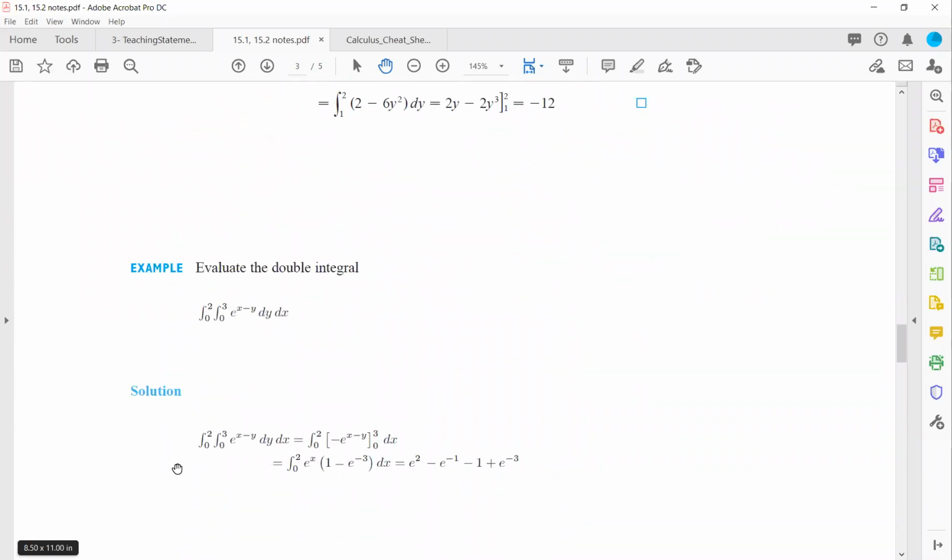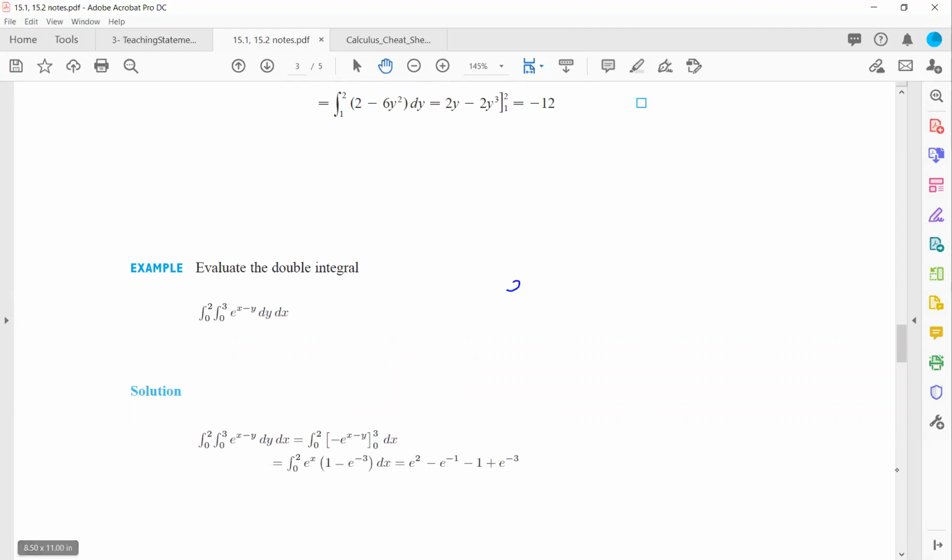Another example for you. This question says, evaluate the double integral. Perfect. Do we have a nice function? Is the function continuous? Can we apply Fubini's theorem? Perfect.